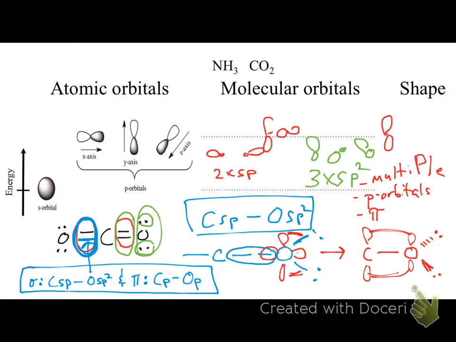Because that then gives you something about the reactivity. How do you know it gives you something about the reactivity? Which do we say was more reactive? Our sp3, or even more reactive, our p orbitals. So if we have an idea of where our electrons are located as far as their orbital energies, we can start to predict something about how reactive they're going to be reacting with something else in, say, a reaction.